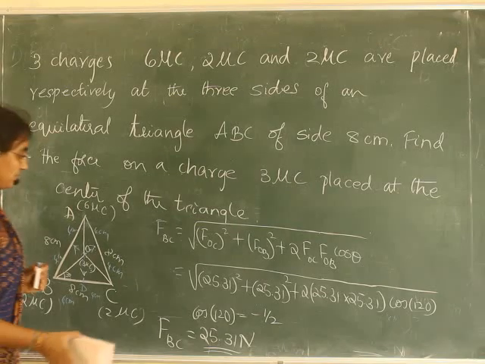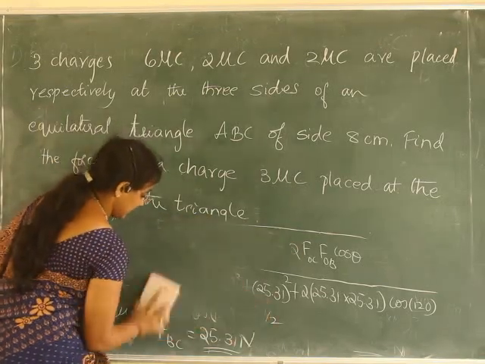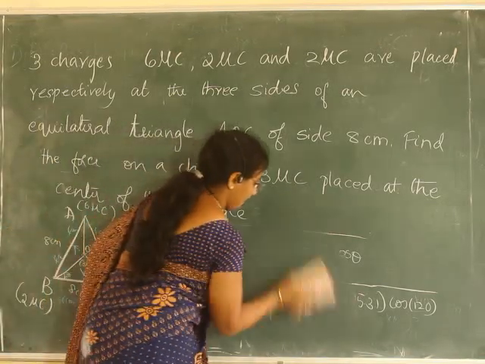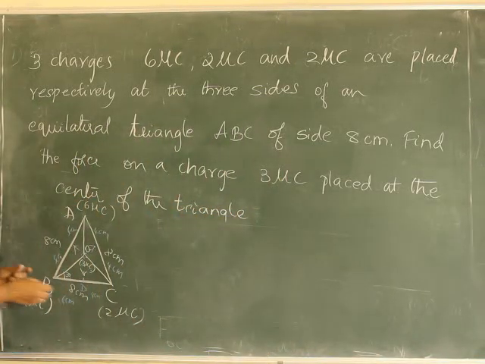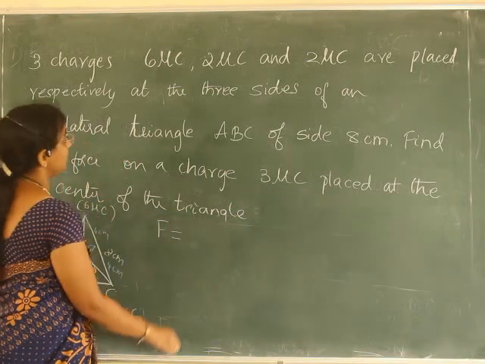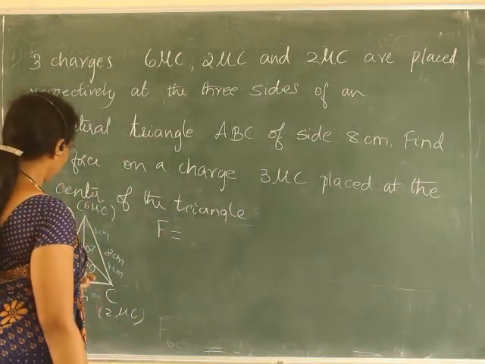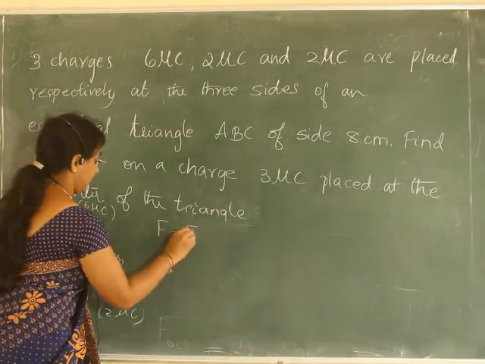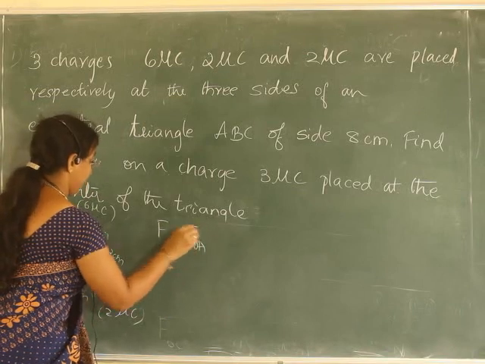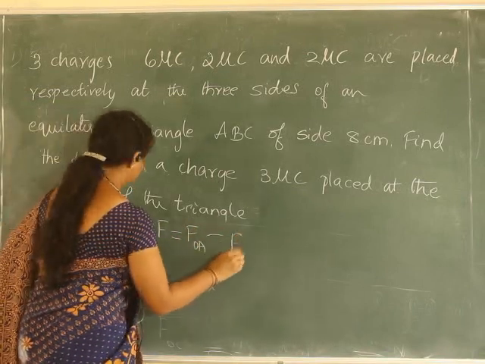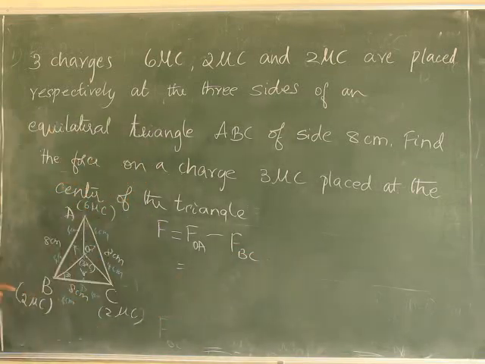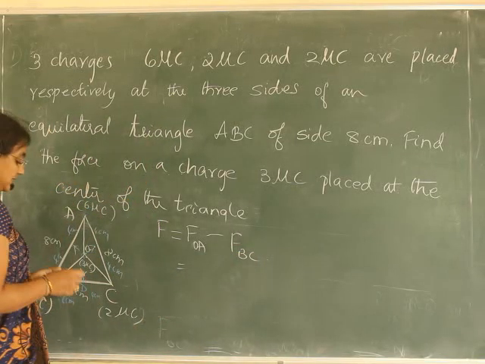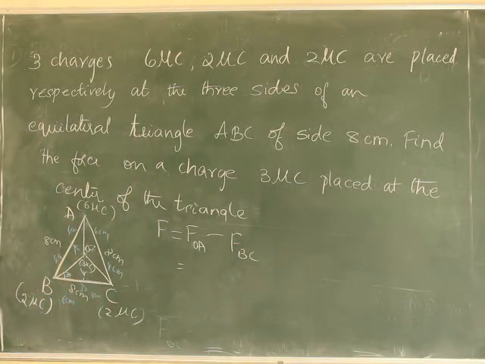So the net force F is equal to FOA minus FBC. That is the resultant. Let me draw it in one more color.